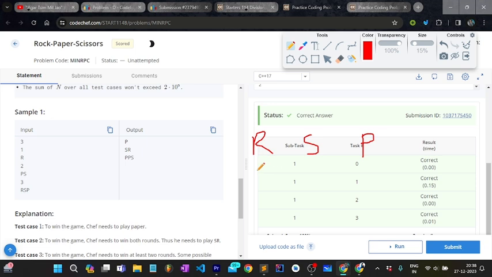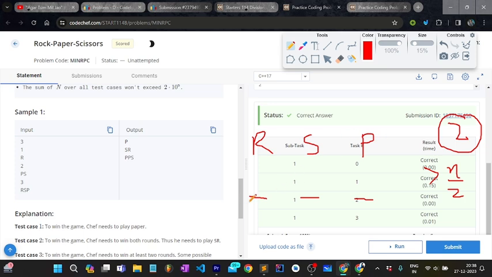For the chef we have to find three moves such that the score of chef is strictly greater than n by 2. Here n is 3, so n by 2 is going to be 1, and n by 2 plus 1 is going to be 2, meaning chef should score at least 2 in this particular case in order to win.